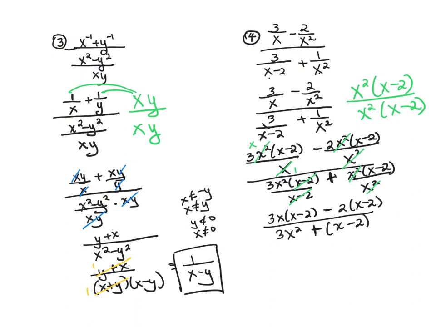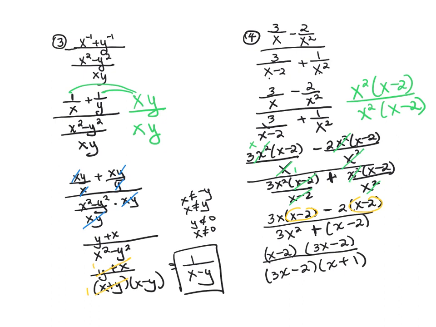Now, in the numerator, the greatest common factor is x minus 2. So let's factor it out. And we're left with a 3x minus 2 in the numerator. The denominator could be factored into 3x minus 2 times an x plus 1. Let's just check that. Negative 2x plus 3x gives us positive x. It works.